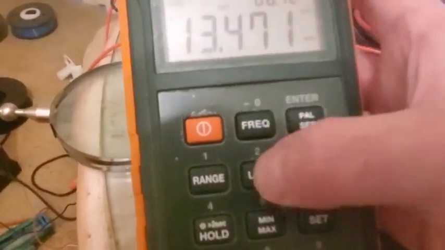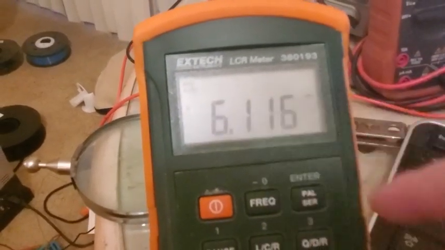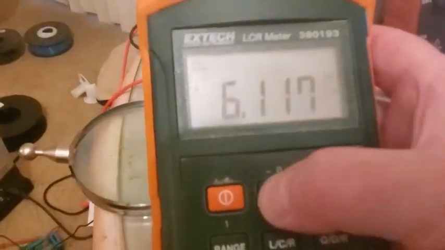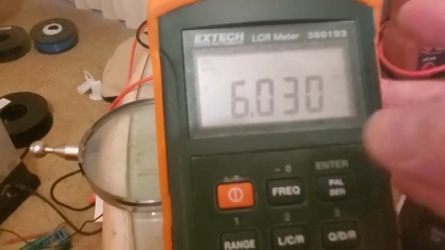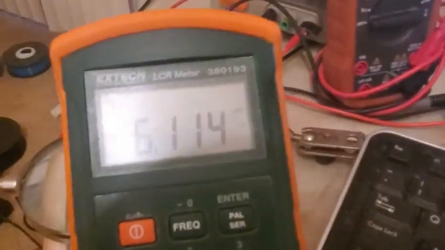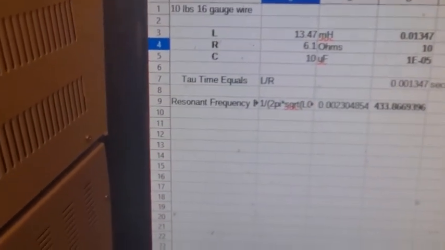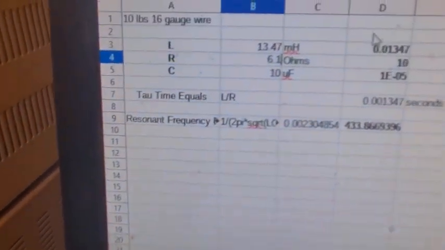I don't like using this for resistance, so I'm going to confirm it with here, because if you do it on different frequencies, it changes a bit. Well, let's say 6.1 ohms, and I'm going to confirm that with the DMM, and we're using a 10 microfarad cap.